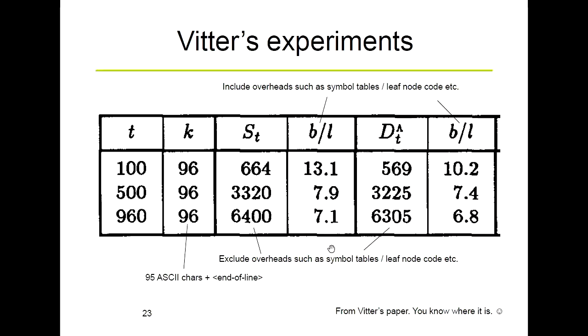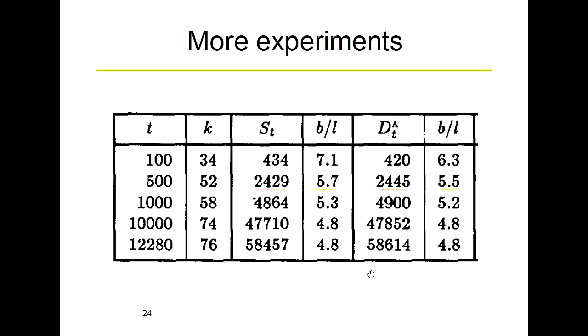So you can see this is static, this is dynamic, and if you look at the bits per letter, the dynamic case is actually much better in that sense. Then you look at the next one. Now, the number of distinct symbols is similar, but the number of symbols in the file is getting more and more.